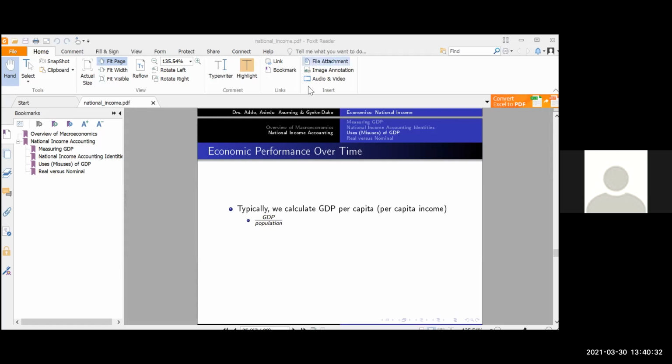It's expected to reach 90,500 in 2021. As at 2019, it was 75,419. And as at 2020, it was 89,000.